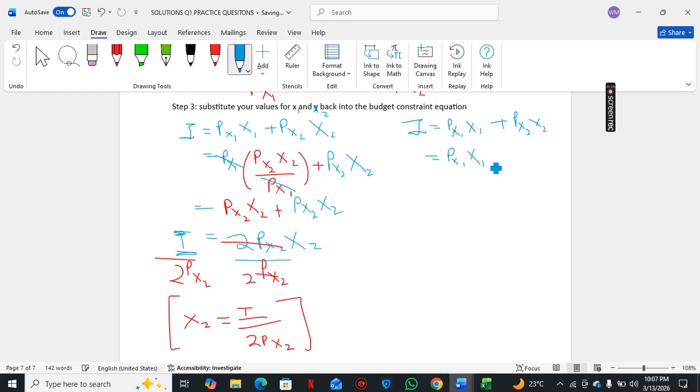So here, X2, remember, is the same as PX1 X1 over PX2, and the PX2s cancel each other out. So PX1 X1 plus PX1 X1, we're also going to get 2PX1 X1.